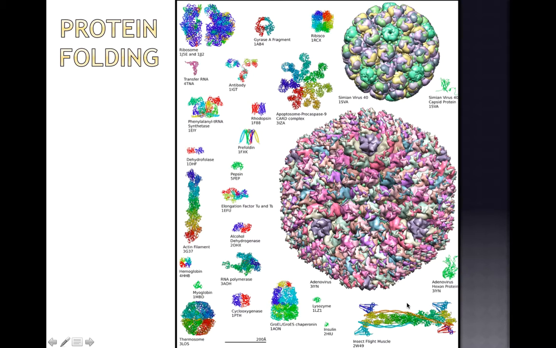Remember when we were talking about the quaternary structure? This is the quaternary structure of the whole protein, but it is composed of different parts and pieces that are attached together, and then they make the whole thing an insect flying muscle. Okay, and so really, some are very, very small, others are very large.